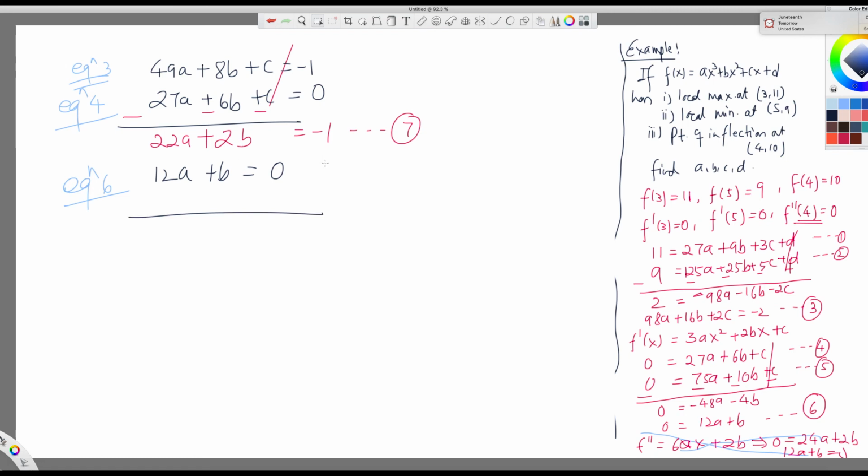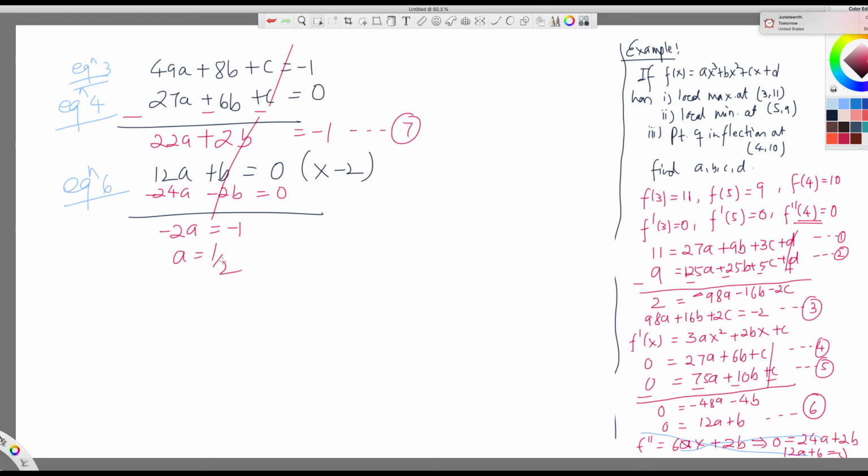You need to multiply equation 6 by negative 2, right? And then the 2b terms will cancel out, because it will be negative 24a minus 2b equals 0. What do you get? You get negative 2a equals negative 1. So a is basically 1/2.